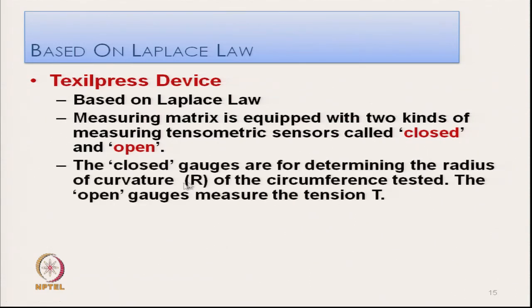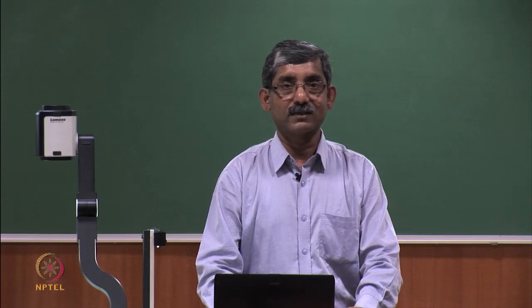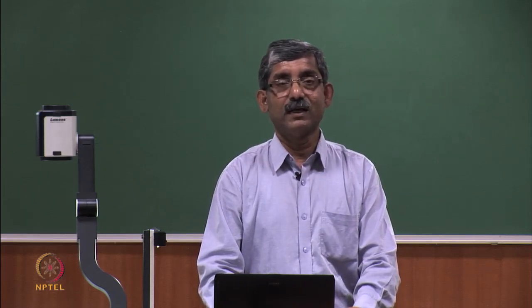The closed gauges are for determining the radius of curvature of the circumference tested, and open gauges are to measure the tension. So, if we measure the radius of curvature and tension, then we can calculate the pressure exerted by the compression bandage using Laplace law.